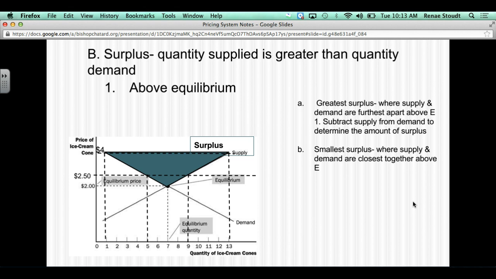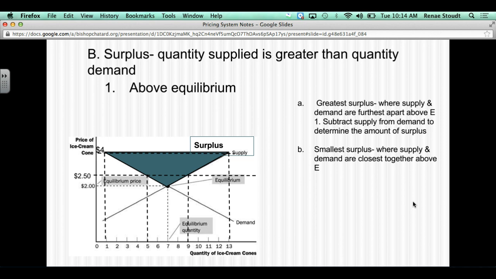Now, if we want to get technical, we could say that the smallest surplus is at $2.01, because that's above our equilibrium price. But you can't really calculate how much of a surplus there is. So we'll just go with the closest price that was graphed to equilibrium. In this case, our smallest surplus would be $2.50.